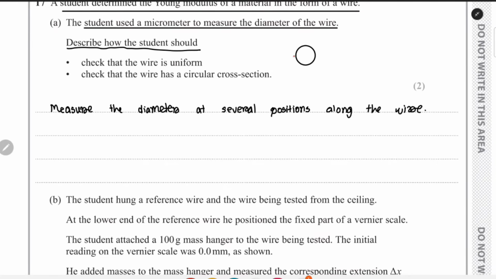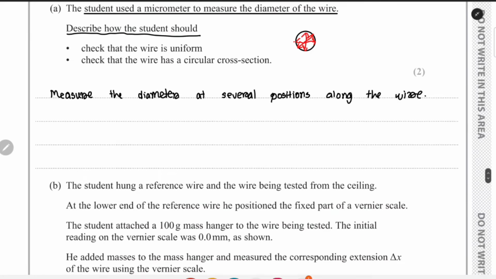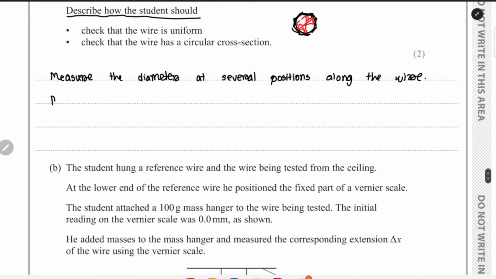If it was a circular cross section, the diameter you find over here, here will all be equal. However, if it was something like a rectangular shape or even a square, if you measure the diameter from here, you will find one thing, and if you measure from the diagonals, you will find another. So to check if it's circular, we have to check if the diameter is constant across all alignments or orientations. So we have to measure the diameter.